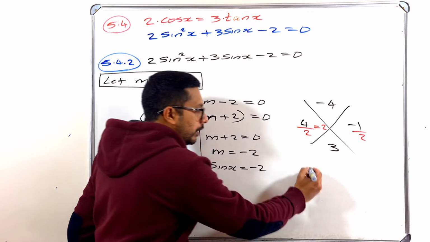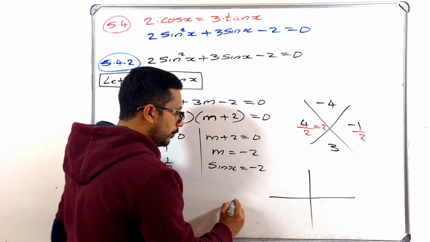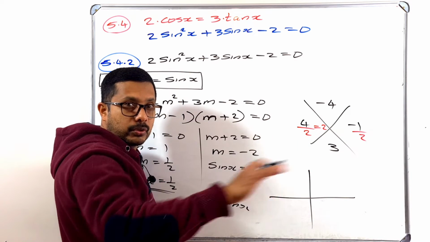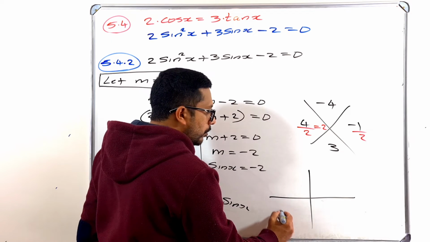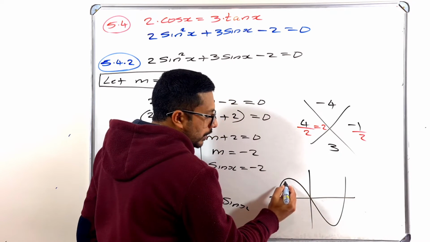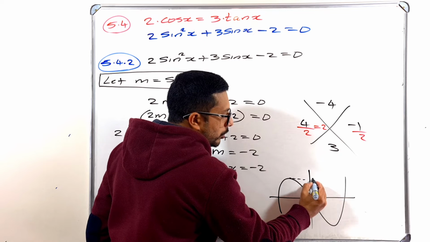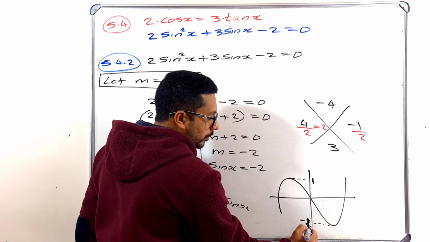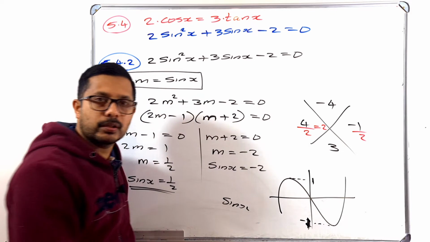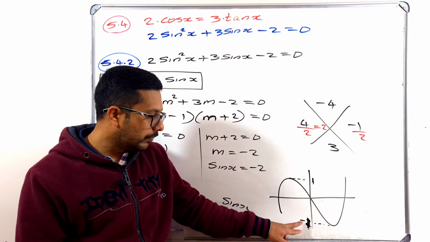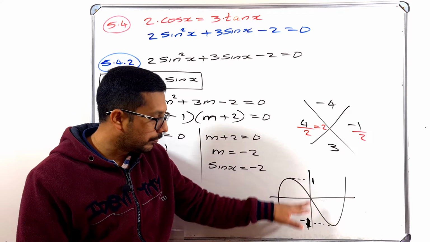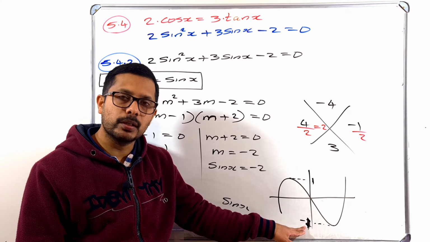If I draw a normal sin x graph, not a shifted or horizontally moved one, you can see the maximum value is 1 and the minimum value is minus 1, not minus 2.